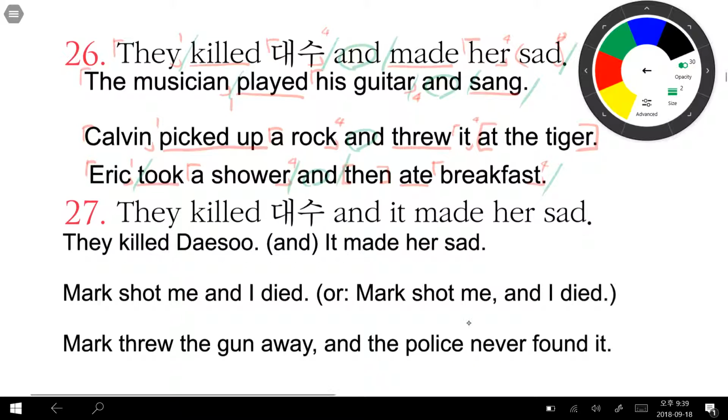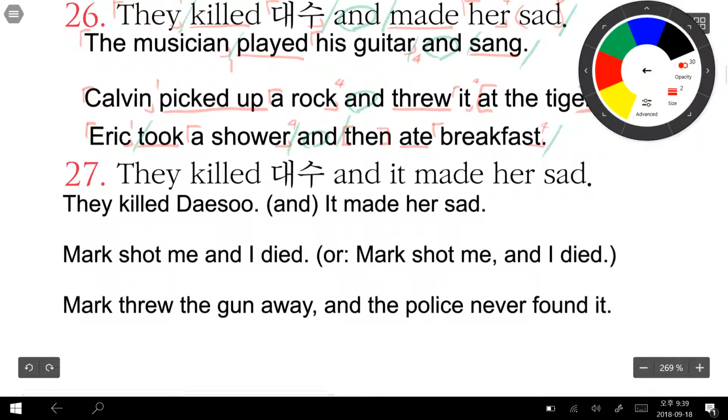Sentence 27, they killed Desu and it made her sad, is a compound sentence.